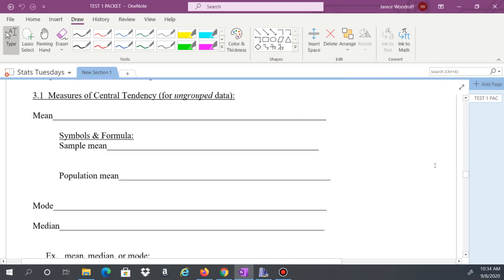There we go. Okay, so mean is our average. The mean is going to be your most commonly used measure of central tendency.